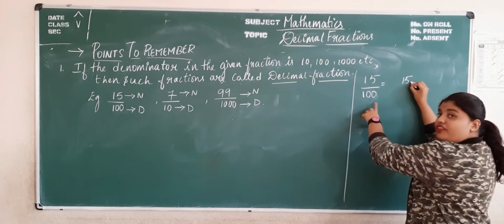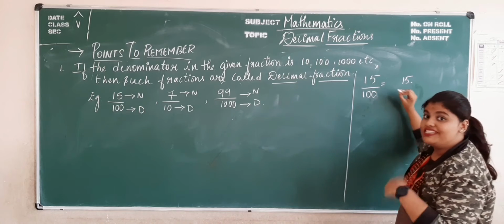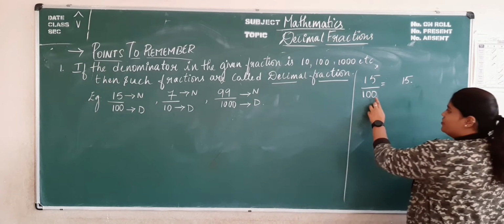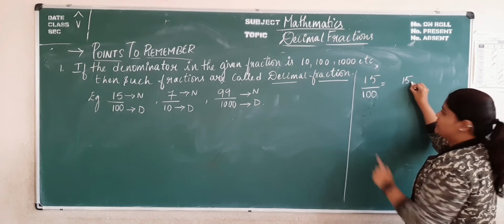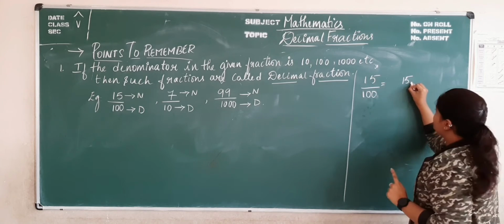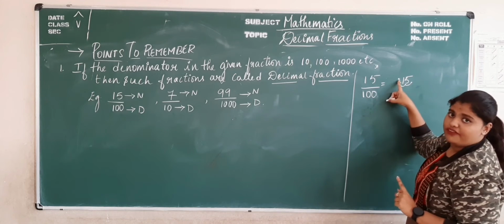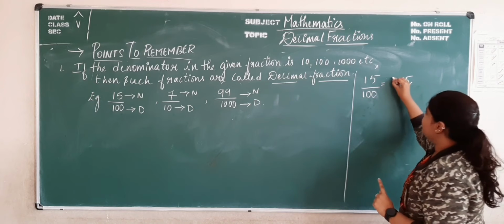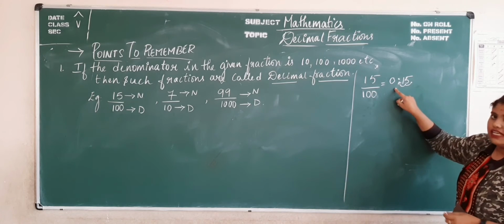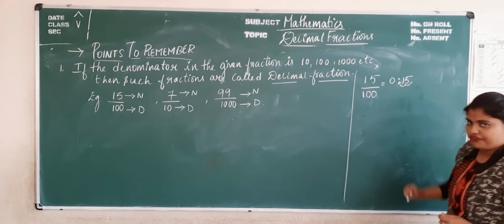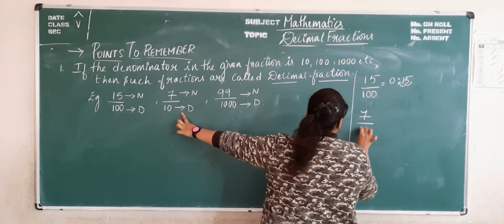Depending upon the number of zeros in the denominator, I will shift the point towards the left-hand side. So I have 2 zeros, 1, 2. So the point will be here. Do you have any number here? No. So I will write 0. So 15 by 100 can be written as 0.15.